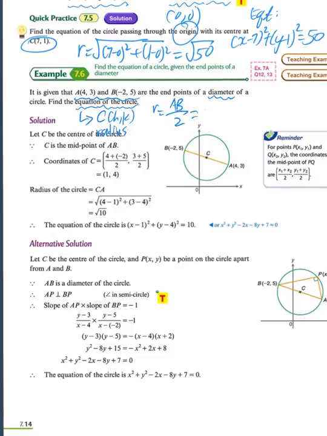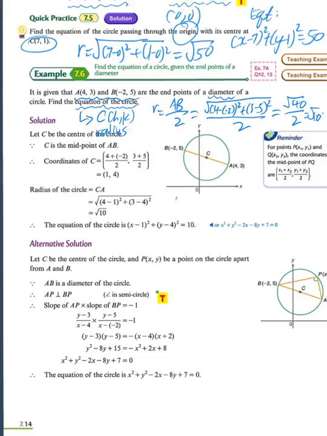That should be by the distance formula: the square root of (4 - (-2))² + (3 - 5)², and then over 2. That should be √40 over 2. If you simplify, taking out 4, that should be √10.